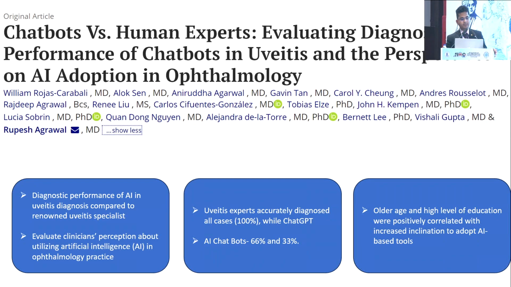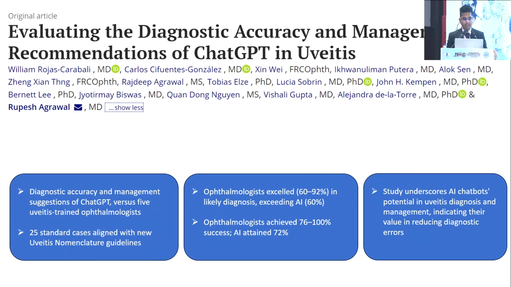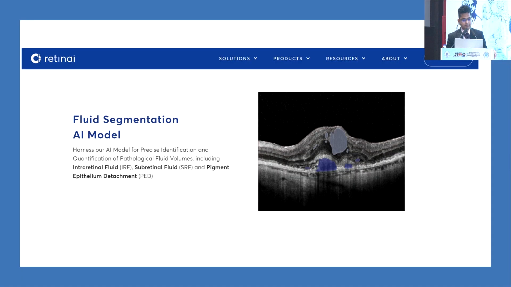On chatbots versus human experts, there are studies predominantly by Dr. Rupesh Agarwal sir, and initial studies have shown that uveitis experts generally outperform the AI models, especially the ChatGPT ones. This was another paper where ophthalmologists excelled over the AI, but the times could change very fast.